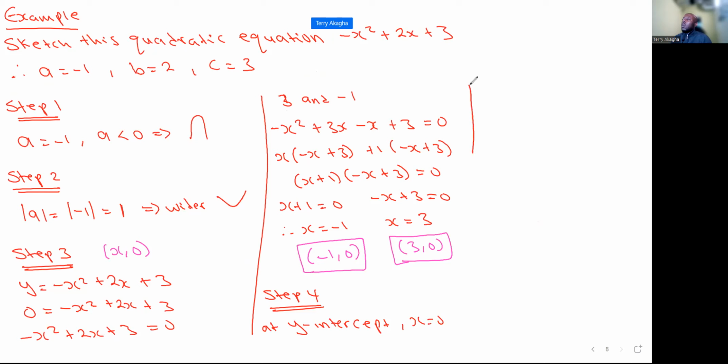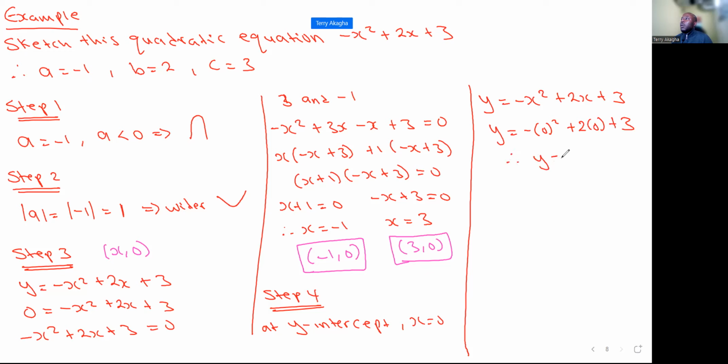So anywhere we see x, we substitute it with 0. We have y equal to minus x squared plus 2x plus 3, then y will be equal to minus 0 squared plus 2 times 0 plus 3. So therefore, y is equal to 3. Similarly, I told you for the y-intercept, you put it in the form 0 comma y. So this gives us 0 comma 3, and that will be the y-intercept.